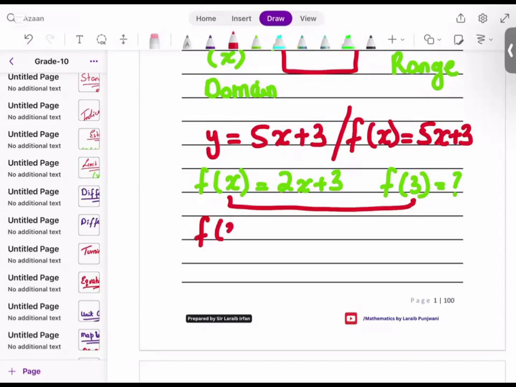I will replace x by 3 because the question requirement is 3. So 2 3s are 6. 6 plus 3, the final answer will be 9. This means when I put the value of x equal to 3, then I get the value 9 of this function. Okay, this is the basic example of a function.